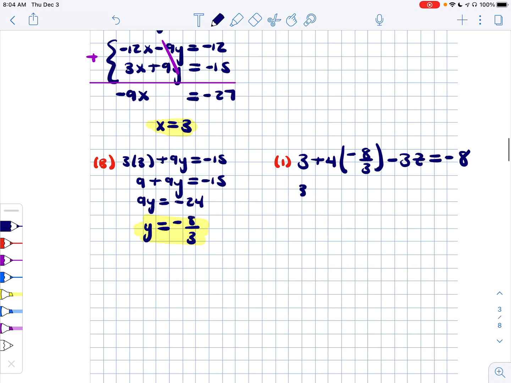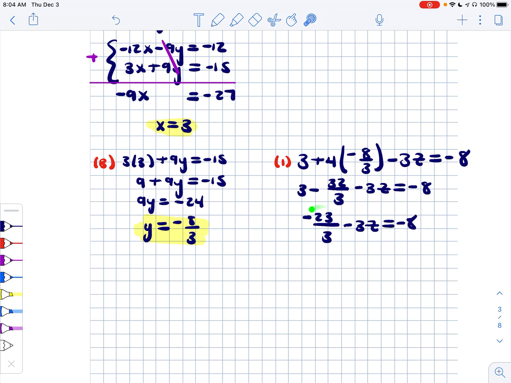All right, so this would be 3, and then that would be minus 32 over 3 minus 3z equals negative 8. Adding up the 3 minus the 32 over 3, where 3 is a 9 over 3, so 9 over 3 minus 32 over 3 is a negative 23 over 3.